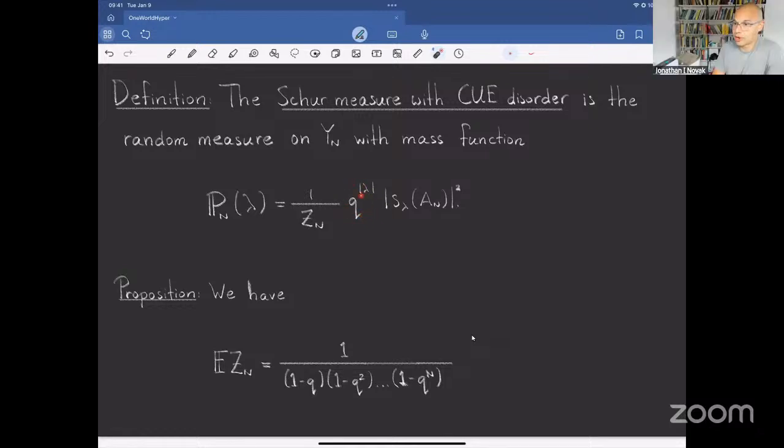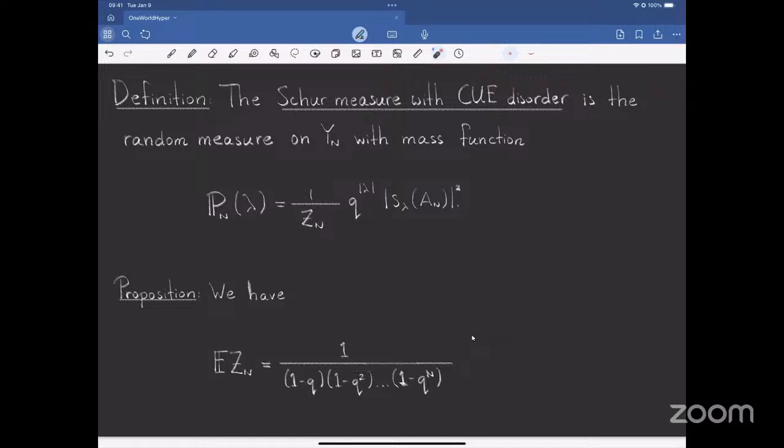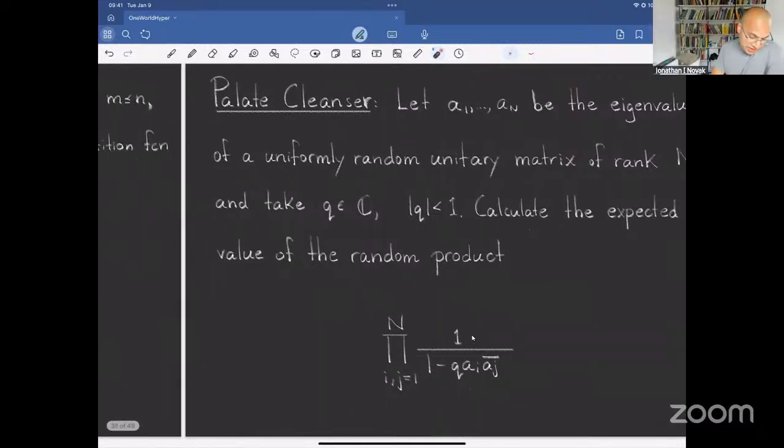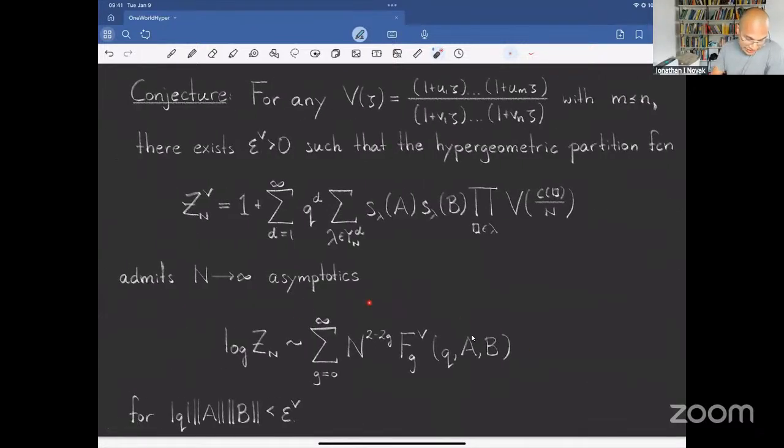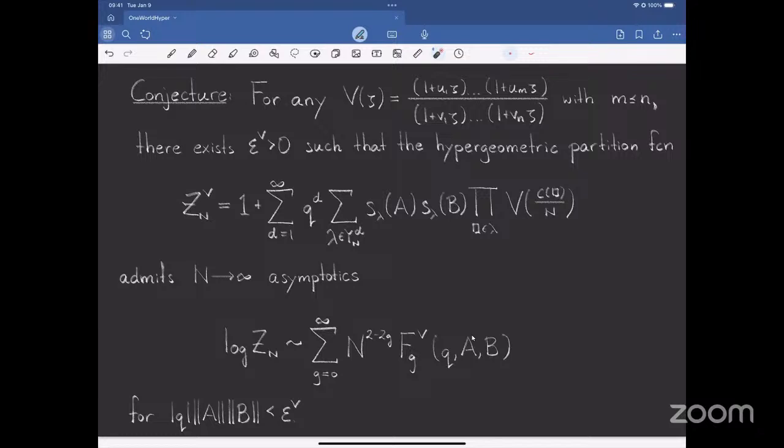We just have one parameter q because these other variables, the a's and the b's, have been taken to be random. They're the eigenvalues of a uniformly random matrix and its adjoint. But yes, in the non-disordered case, this is all about analytic functions of 2n plus 1 complex variables as n goes to infinity. Thank you.